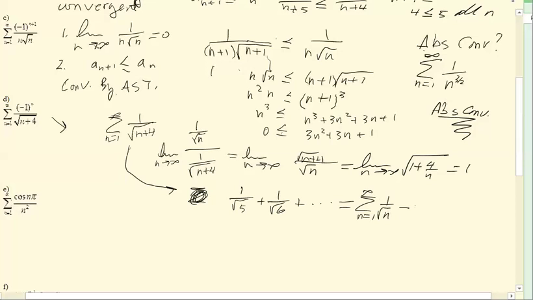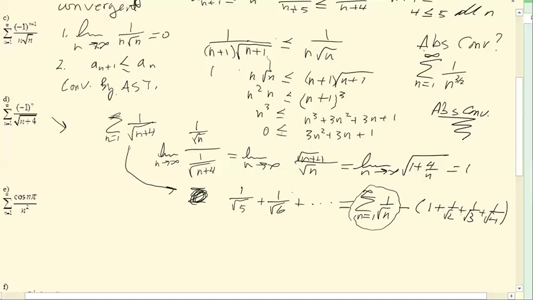In other words, we'd be minusing the 1, and the 1 over root 2, and the 1 over root 3, and the 1 over root 4. So this itself is a p-series with p equal to a half, and it's going to diverge, and subtracting a finite number off of it won't change that divergence.